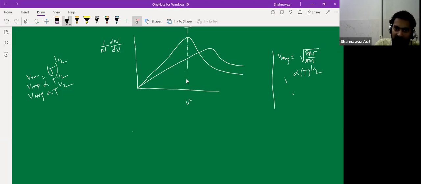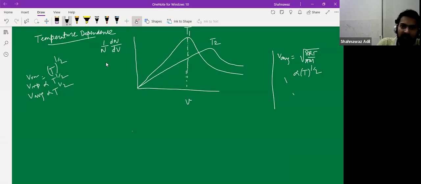Let's say this is T1 temperature and T2 temperature. This has been asked in your previous year's paper, so that is why I was telling you about this. So how temperature dependent is your Maxwell distribution of velocities? T2 is greater than T1, right?